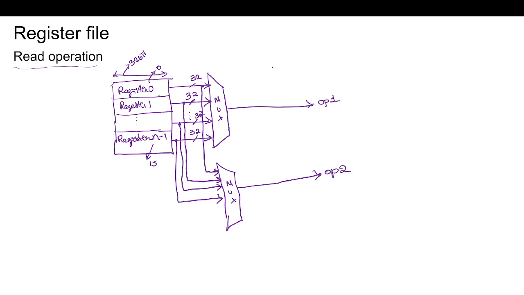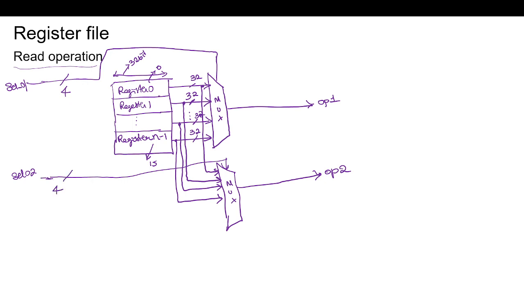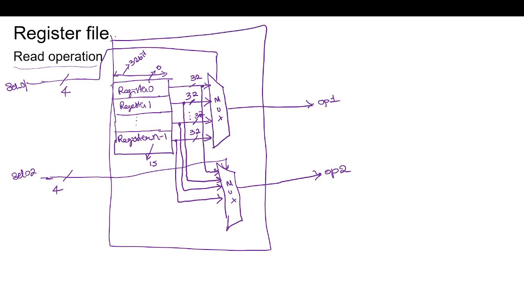Now we have to select between 16 registers, so we need a 4-bit selection. Select 0 is used to select operand 1, and select 1 to select operand 2. This will also be a 4-bit value. So this complete block is our register file.